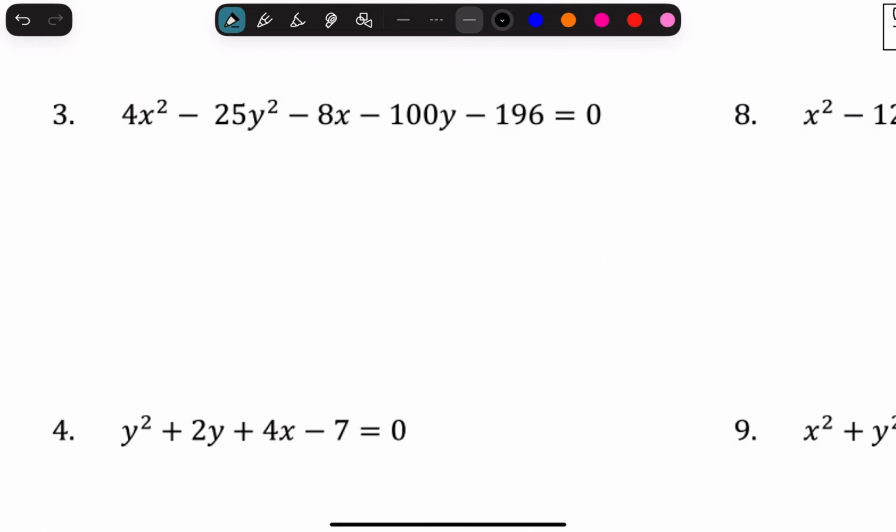Now, after this, we can move on to our next problem. So you're going to group the x and the y terms like before. This is going to be 4x squared minus 8x minus 25y squared plus 100y minus 196 is equal to 0.